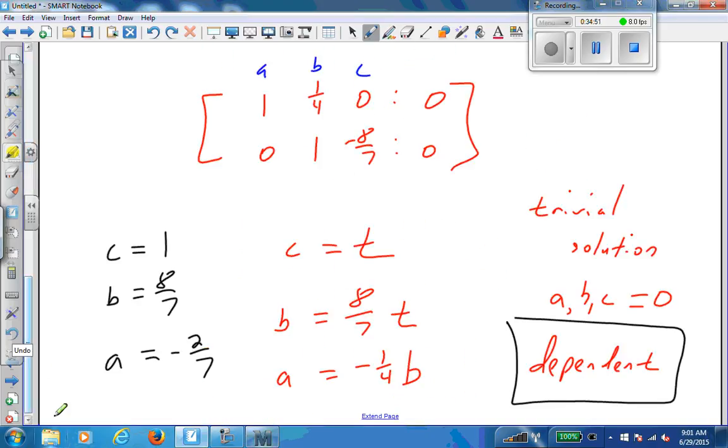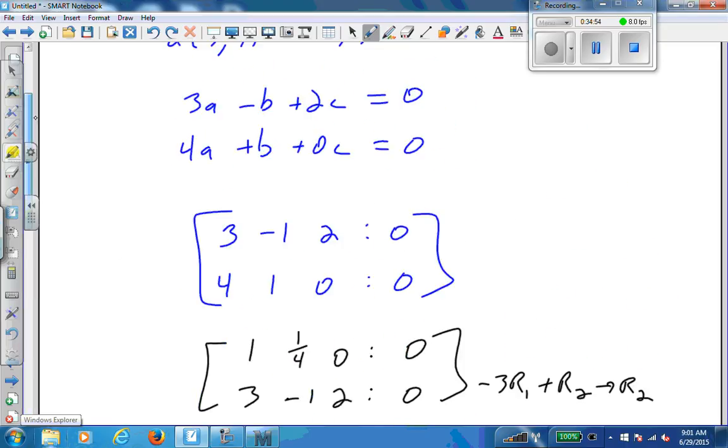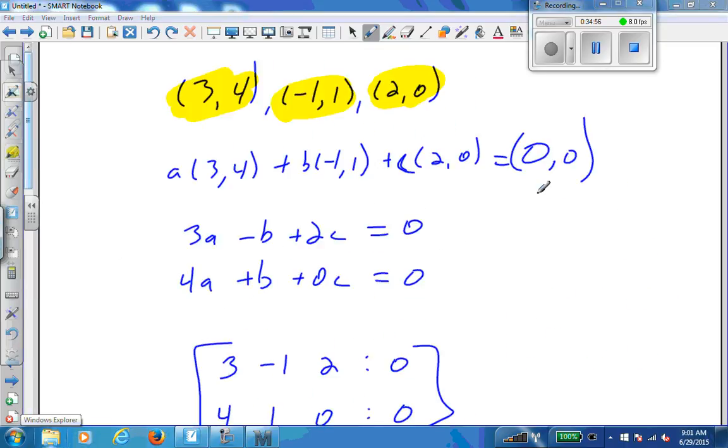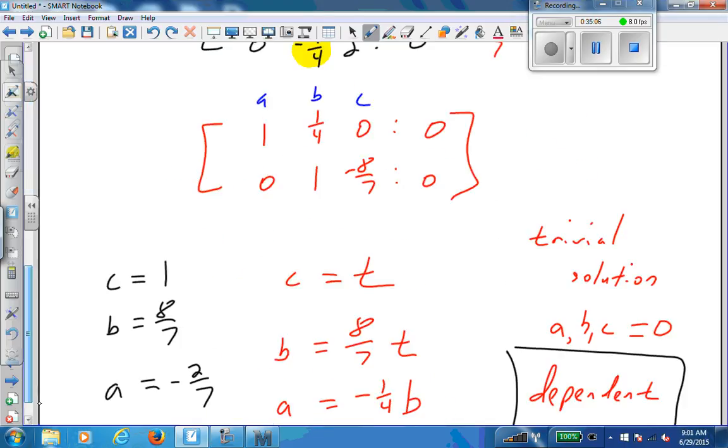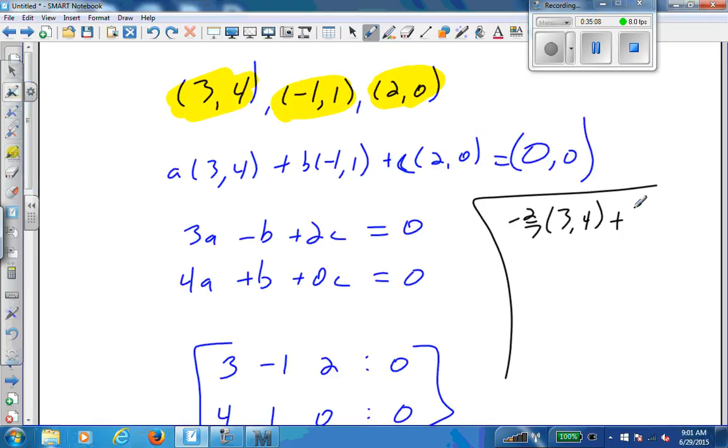So if we have -2/7 times the first one, B was 8/7, so 8/7 the second one plus the third one equaled 0, 0.